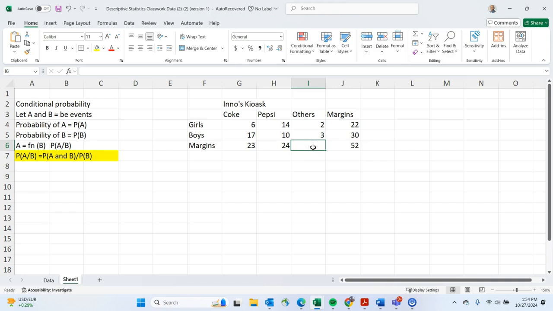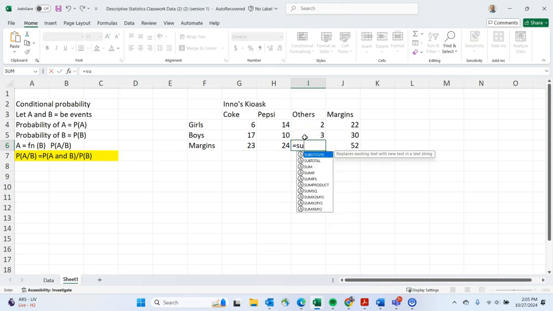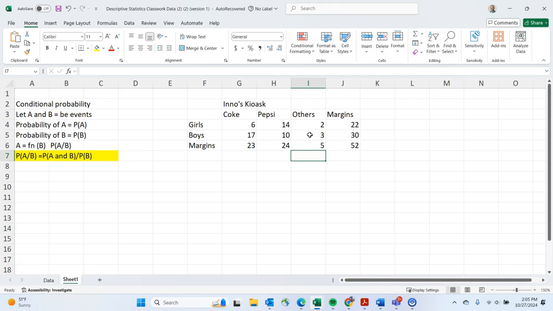Now we can find the number of students who drink other types of soda. We take the total, put an equal sign and type sum, adding the 2 and the 3, and so we have 5. You can see the margins for Coke, Pepsi, and other types of soda.